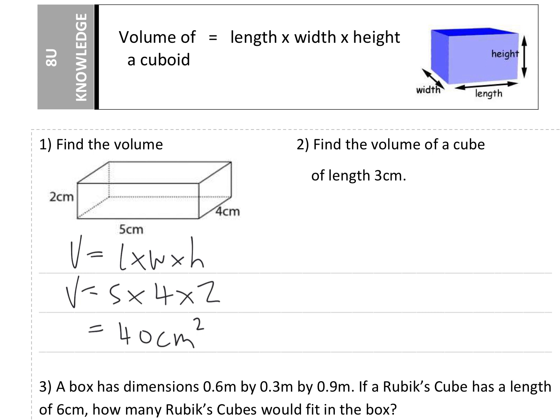Example 2. Find the volume of a cube of length 3. So a cube of length 3 would be 3 by 3 square, and then it would go back 3. So the three dimensions are 3, 3, and 3.